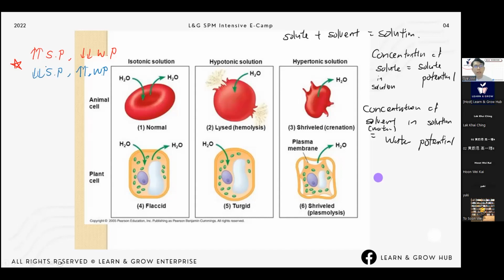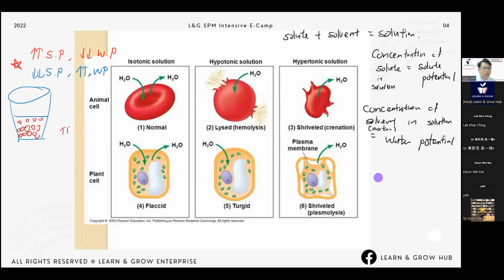So they can never both be very high in concentration. Imagine I put a cup of water here. If you have a lot of solute, do you have space to accommodate water?